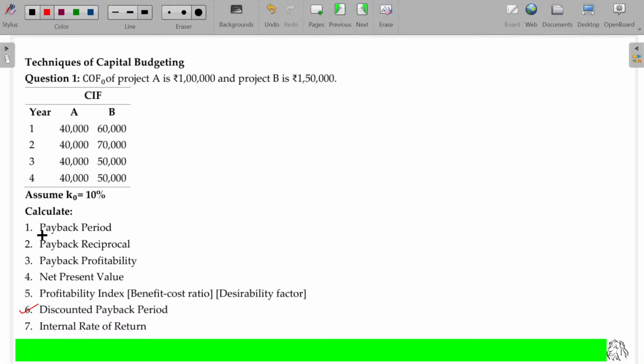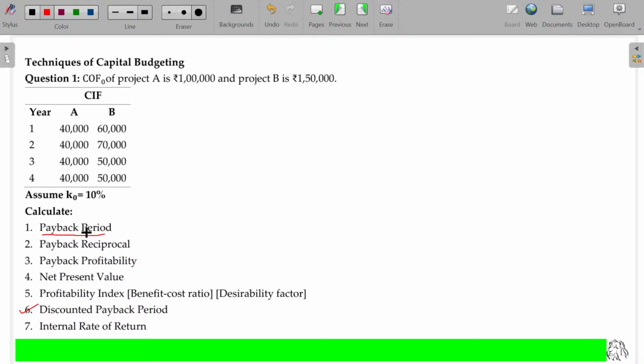So the main drawback of payback period is we never bother about the time value of money. Whatever the cash I have, no problem. If I get 1 lakh rupees 5 years later, you never bother. That is, the time value of money is not considered. But tomorrow's money is not equal to today's worth.